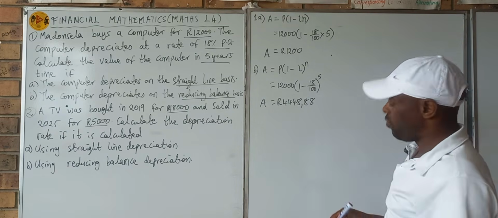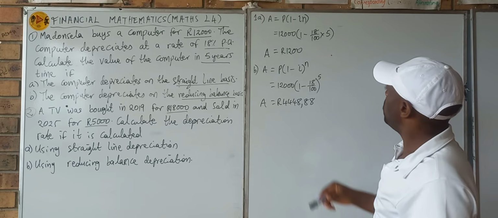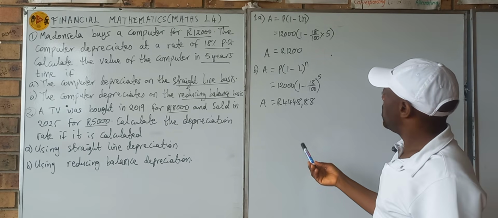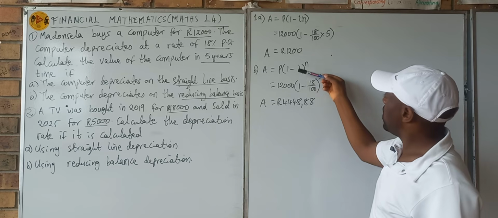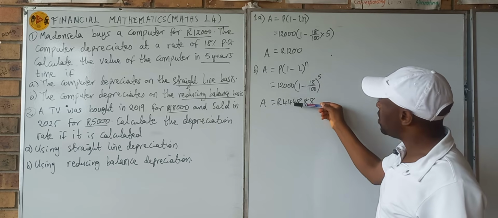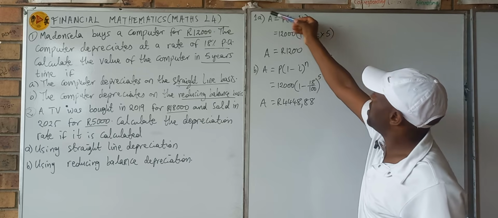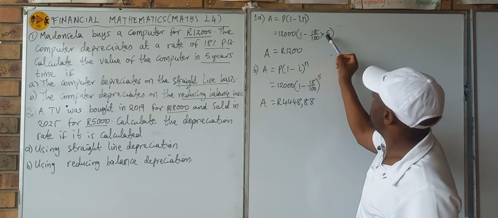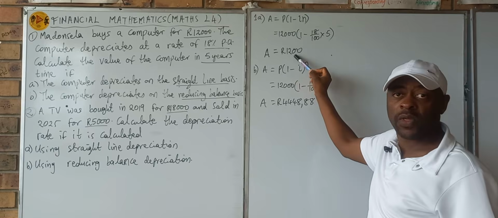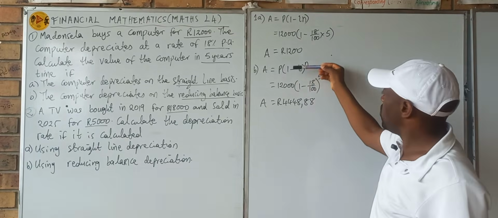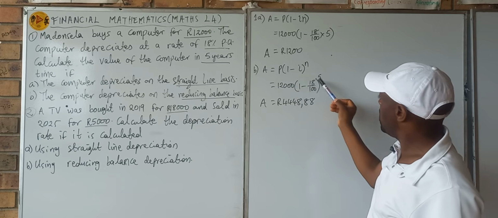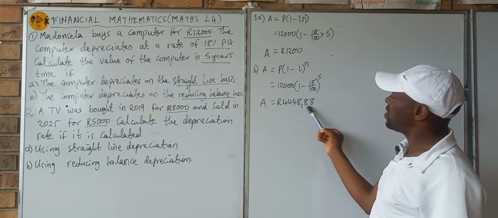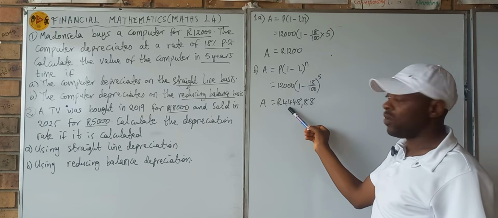One thing I can pick from there is that of the two depreciation methods, the reducing balance method should be the best because your asset loses value slowly. Here, an asset that was bought for 12,000 is only worth 1,200 after 5 years. But with the reducing balance method, the same asset after 5 years you can still sell for up to 4,448.